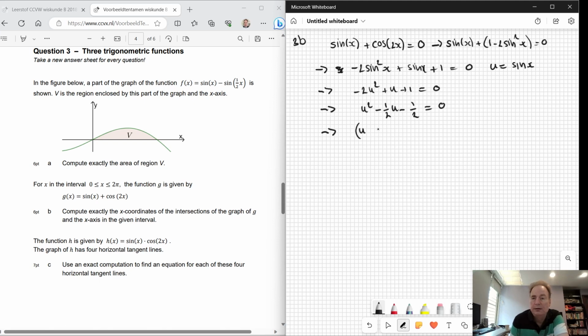So yeah, we can say u minus 1 times u plus 1/2 equals 0. So we get our minus 1/2 here and minus u plus 1/2 u. And going back to what u is, that means that the sine of x has to be 1, or the sine of x has to be negative 1/2.